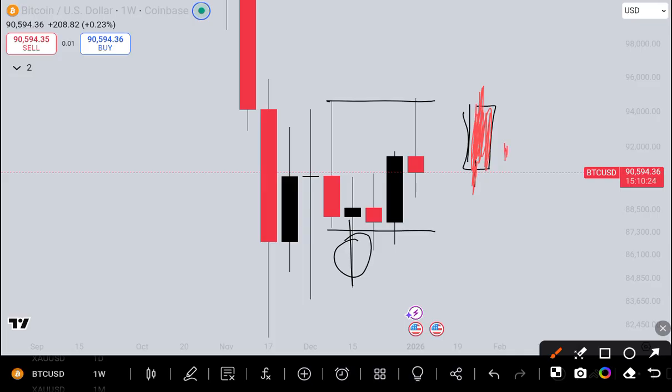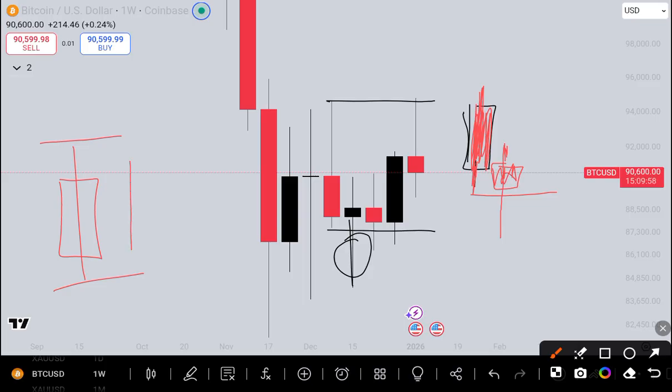clears the low of this candle, but doesn't close below it. It closes inside the range. What do I mean by range? Every candle is a range, from the highest point of the candle to the lowest point of the candle.